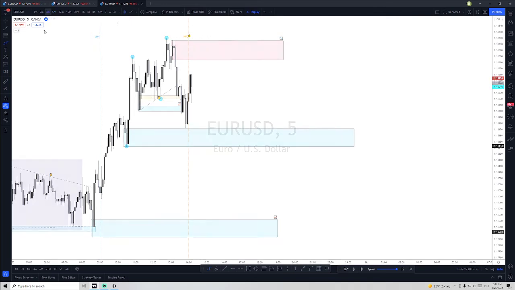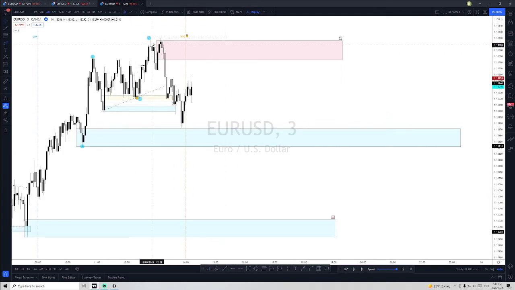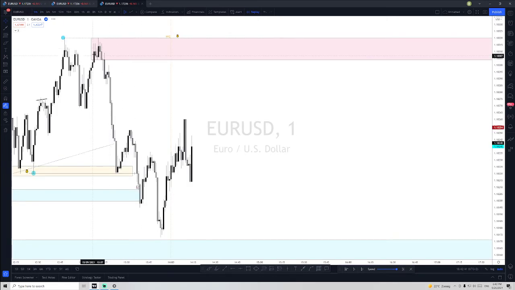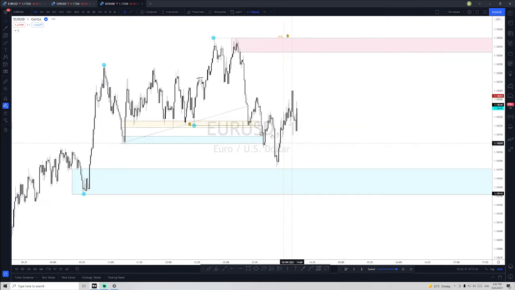But yeah, let's just leave it like this. Let's see what the 3-minute says. 3-minute is showing this as our area of supply. 2-minute also, and then 1-minute. Yeah, this was the last move that came into this point. All right. And then we wait.